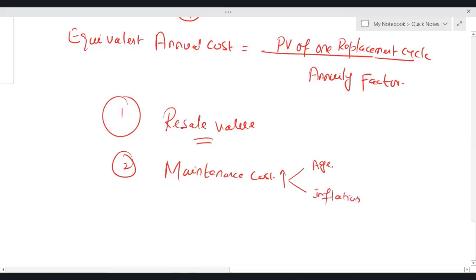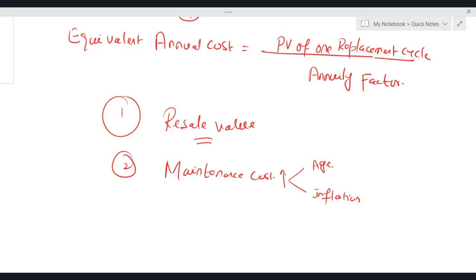Because sometimes what happens, the examiner gives you the question and says the maintenance cost will be just, let's say, 10,000 in year one. And then the examiner says it will rise by, let's say, 10%. And at the end of the question, the examiner says ignore inflation. So you are not supposed to ignore that 10% which the examiner has given you. He is not saying it is inflation.